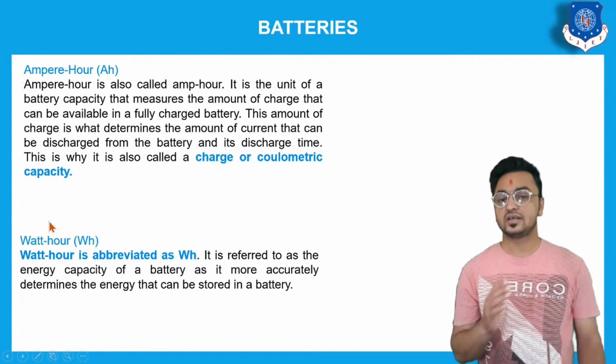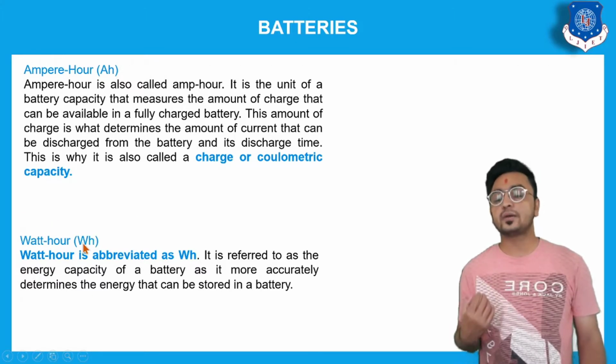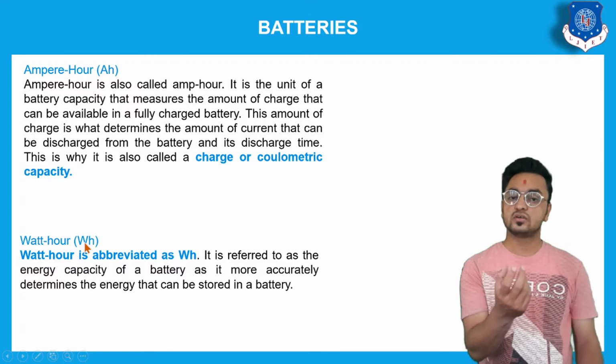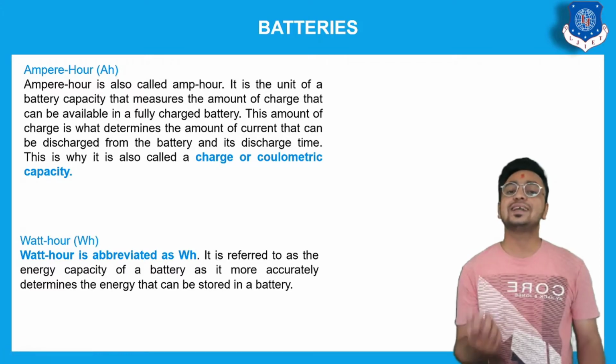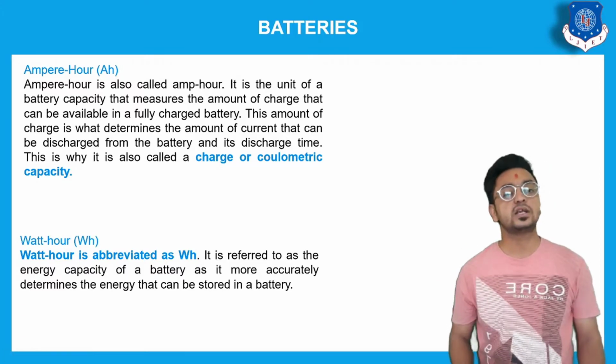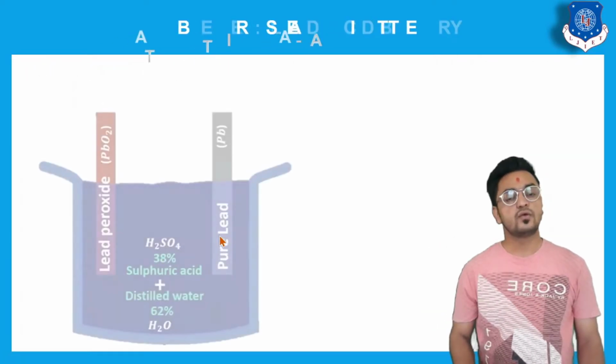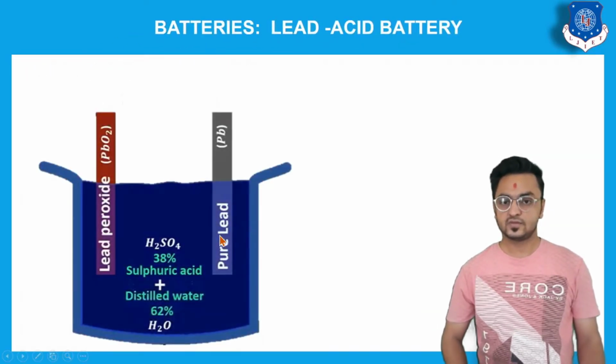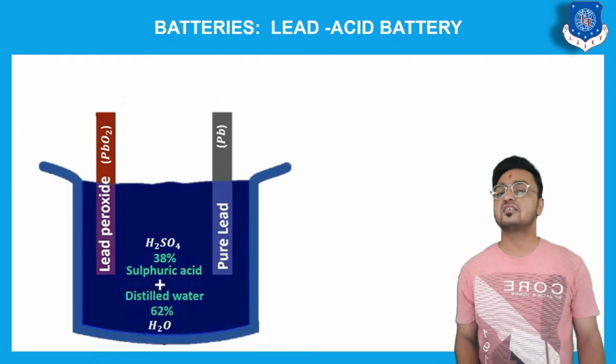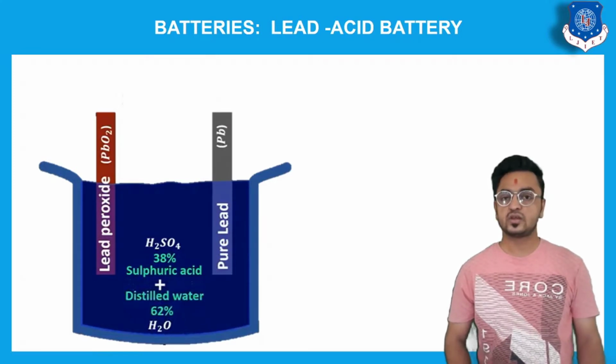In the same way, this will calculate, if we are providing a particular amount of power, for how much time that can be provided by that battery. So that can be defined by this second rating, watt hour. So these are the basic characteristics of batteries.